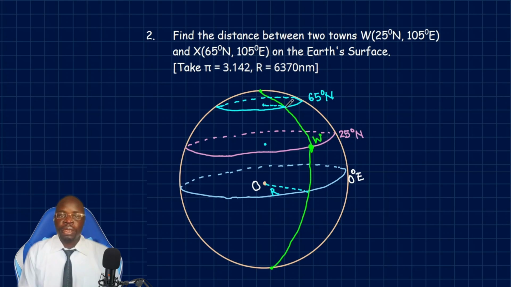And remember, this point is X with this coordinate. Maybe we use a different color here because there's too much of this color. Now, this is the small radius for that point. And if we join again this to the center, we will notice that these three radii are parallel to each other.